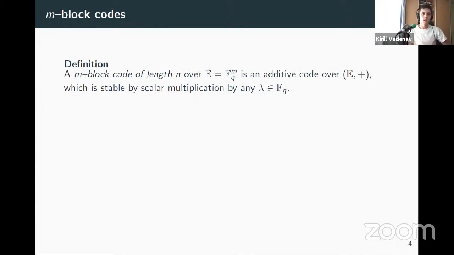Let's consider the definition of m-block codes. An m-block code is simply an additive code over the alphabet E, which is m-tuples of elements from F_q.